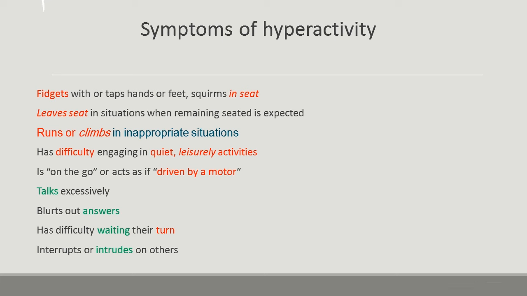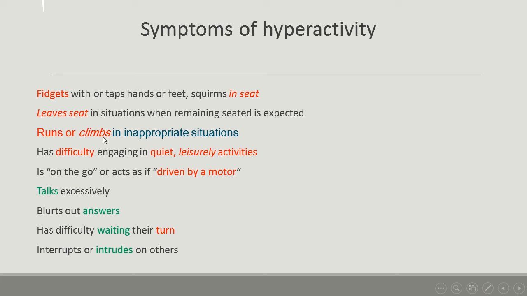Here are the symptoms of hyperactivity. If the patient can keep seated, he fidgets, like he always moves in his chair. Or he cannot stay seated and leaves his seat while it is required, for example in the classroom, so he cannot be maintained on his seat for a while compared to other normal children.